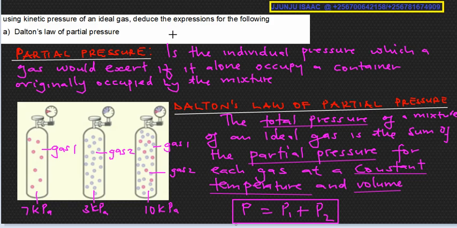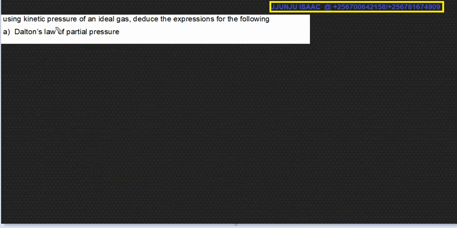The kinetic pressure of the gas, so now we know that the kinetic pressure is given by a third times the mass times the number of molecules divided by the volume times the mean square speed.